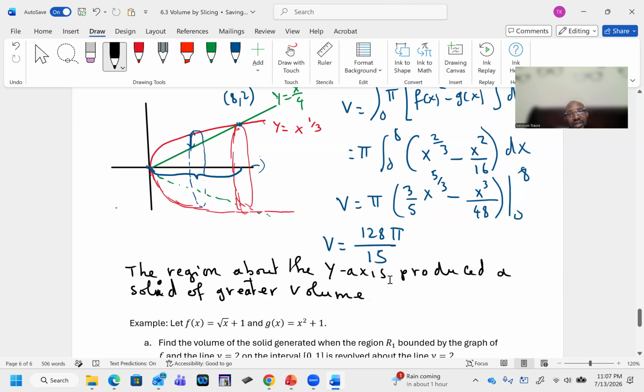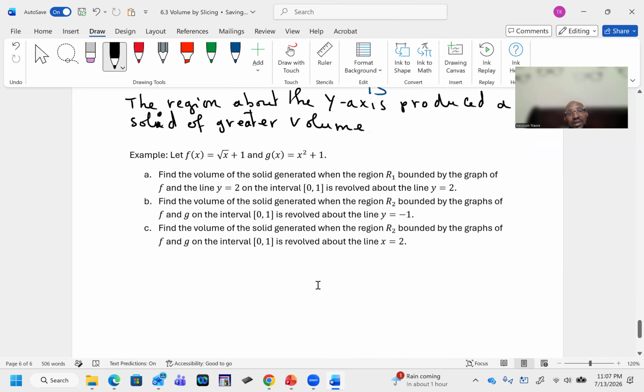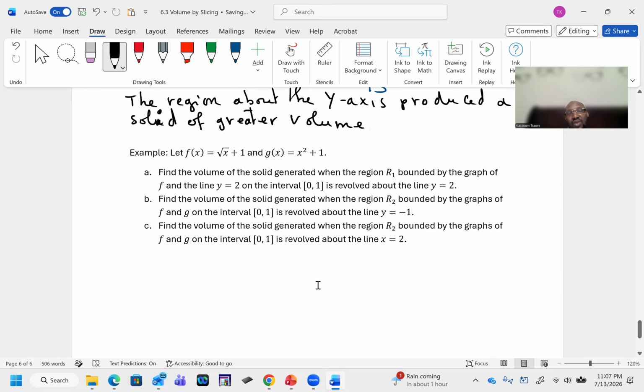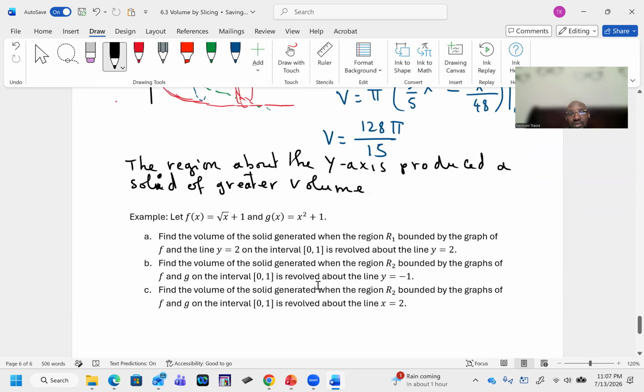Okay, so let's do the last example. On this one, I really want you to practice. I'm going to do both, but you need to know in this case, this is when it's not revolved about an axis. Let f of x be equal to square root of x plus 1 and g of x be equal to x squared plus 1.